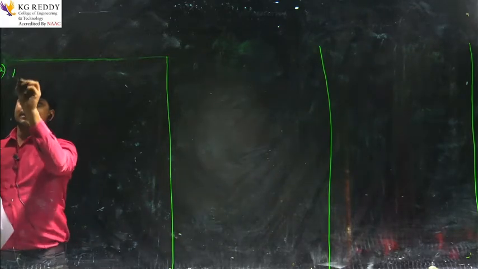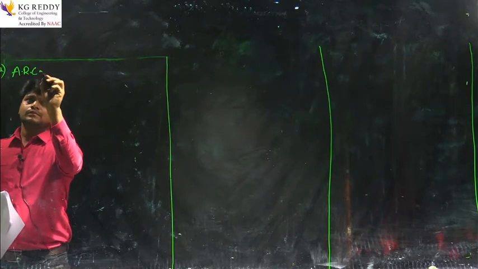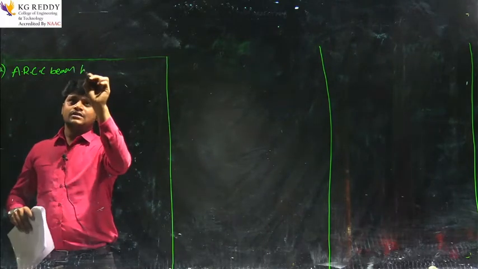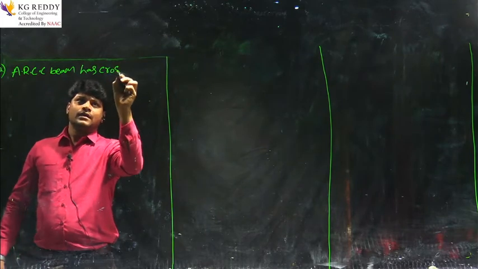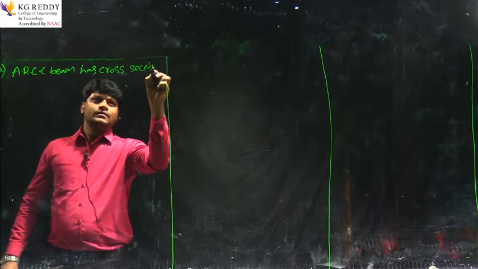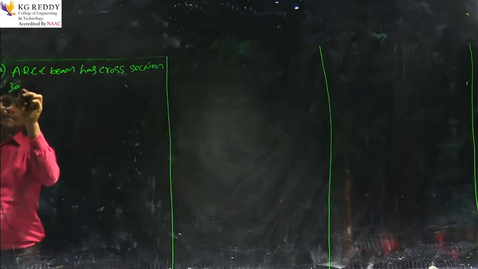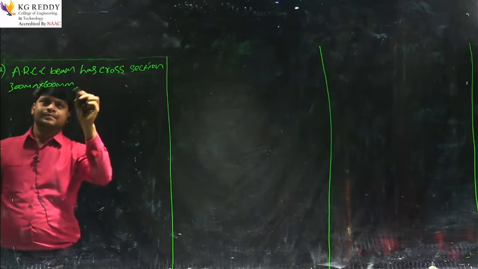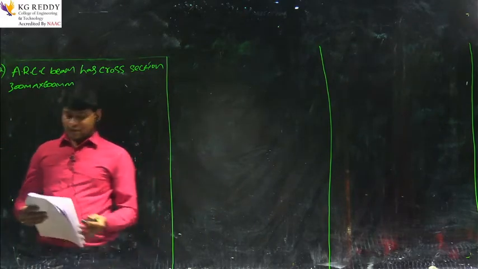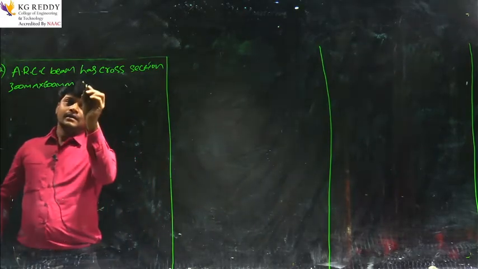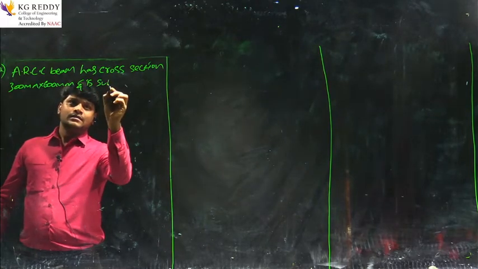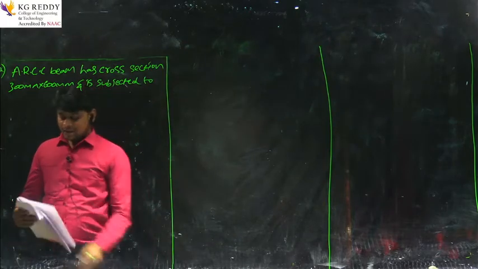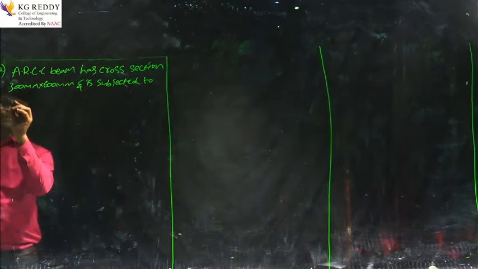An RCC beam has a cross section 300 mm into 600 mm and is subjected to the following design process.